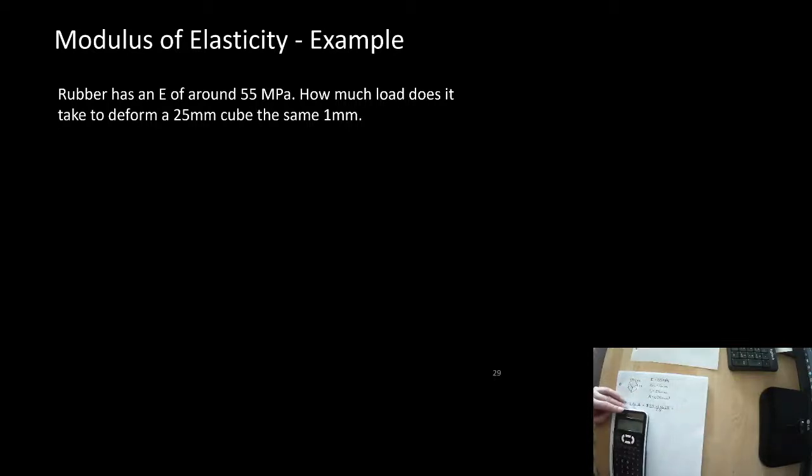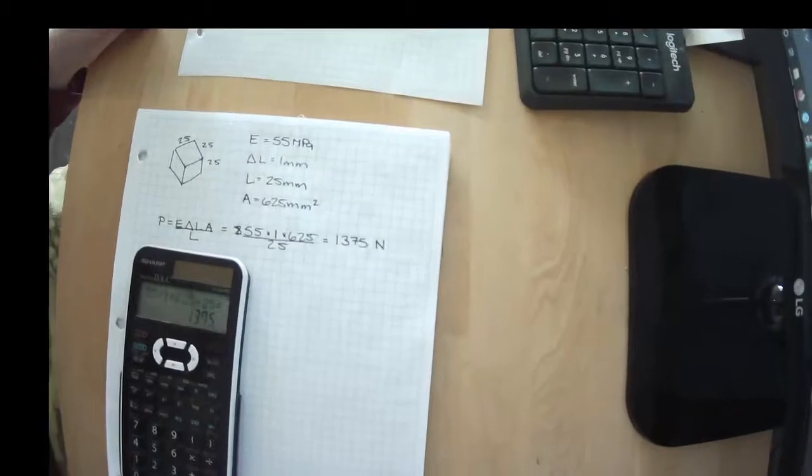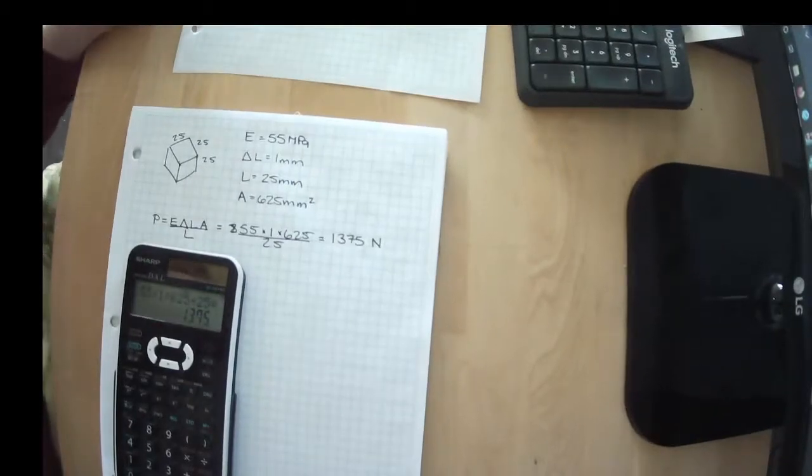55 times 1 times 625 divided by 25, we get 1,375 newtons. So, E is 55 MPa, so much smaller than our 200,000 MPa.